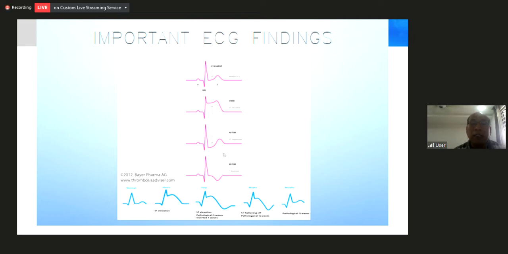Here there's no J point depression, meaning there's no ST depression. It's more of T inversion. Agree with me, student?